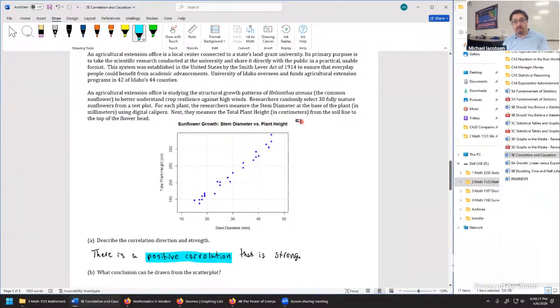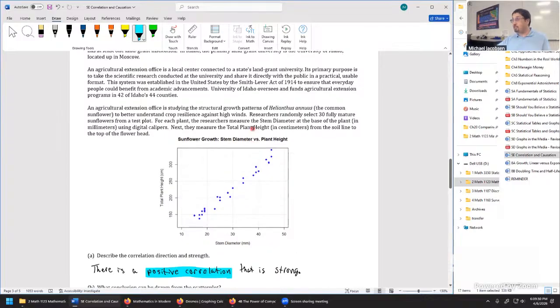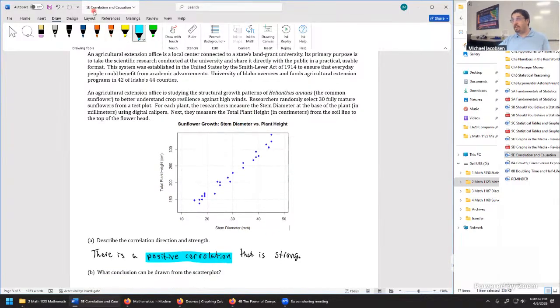Any questions so far about the context or part A? Okay, there's a little bit more going on with all these problems. We're looking not just at correlation, but causation is part of our work on this section as well.